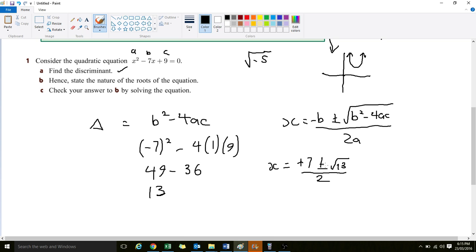Which means we can't factorize this any further, particularly when we're dealing with prime numbers, which can't be divided by anything but themselves, and because of the square root, it's probably irrational as well. So we have x is equal to 7 plus the square root of 13 on 2, or 7 take the square root of 13 on 2.